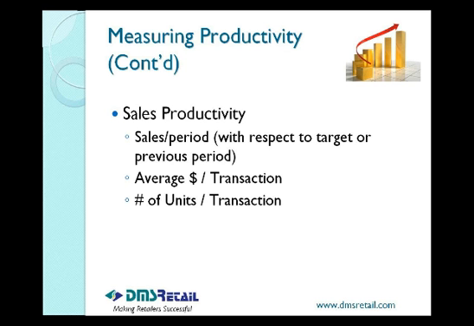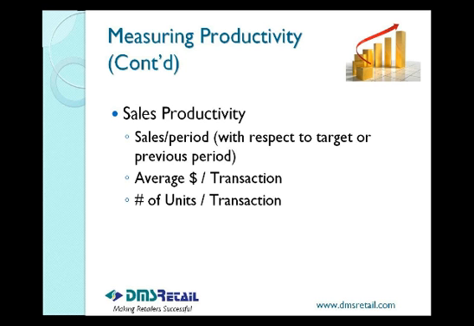So we have 2 things to look at. Sales per period, whatever the time frame you choose to compare your performance. It could be sales per hour. It could be sales per day. It could be sales per week, sales per month. Now, in retail in general, we always look at the sales at least in 1-day increments because we want to react if something is not going right.